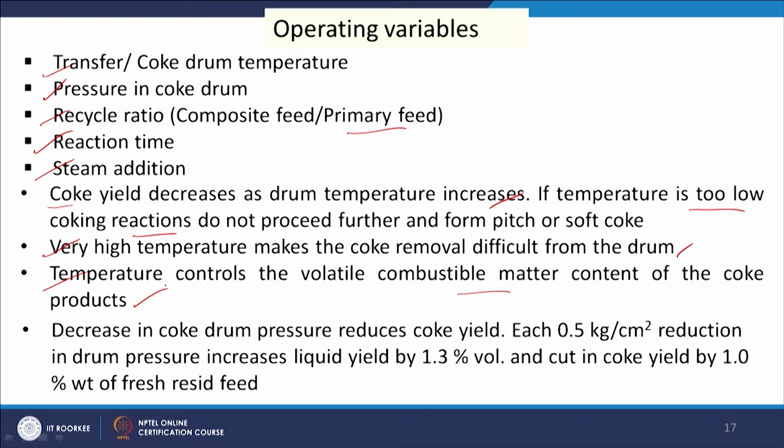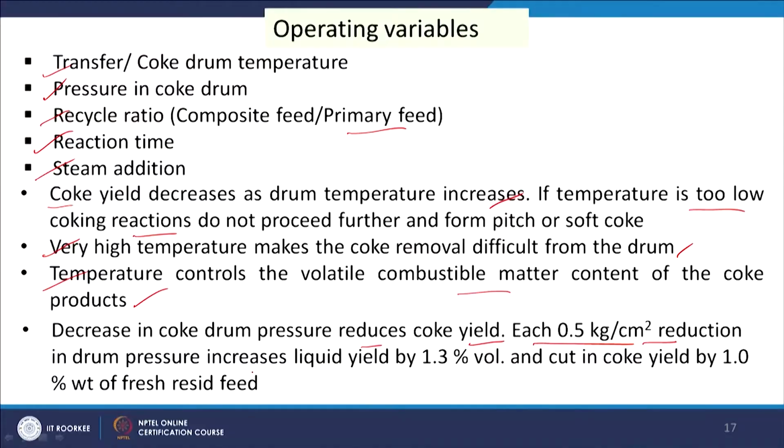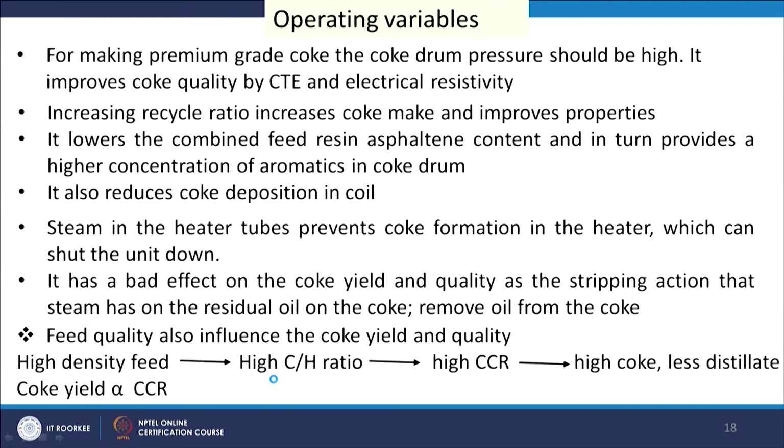Some data is given here. Each 0.5 kg per centimeter square pressure reduction in the drum increases liquid yield by 1.3% by volume and cuts coke yield by 1.08% of fresh resid feed. This is some data which is available in the literature.